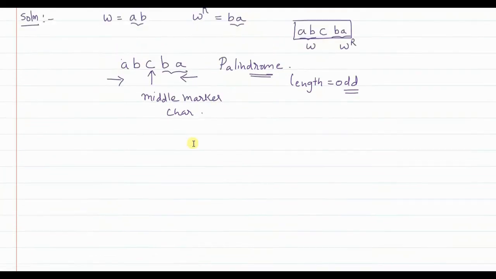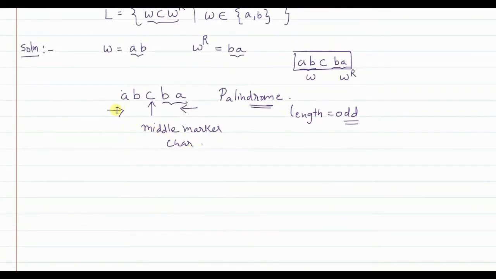Now once we have understood what a palindrome is and what kind of strings it is supposed to accept, next I want you all to focus on the strategies that we can use. Basically what we are using here is a stack data structure, and stack is last in first out, or it is also called first in last out.